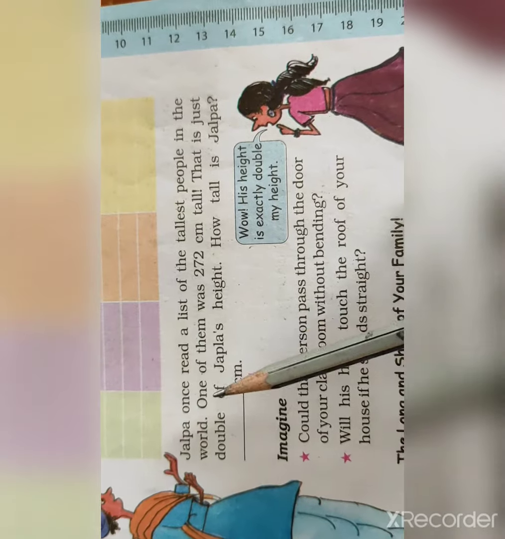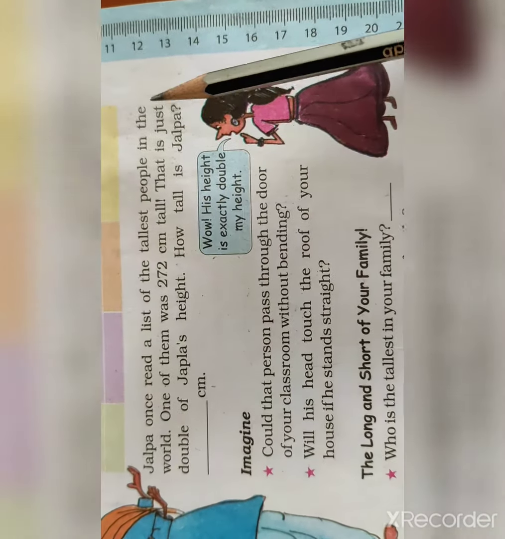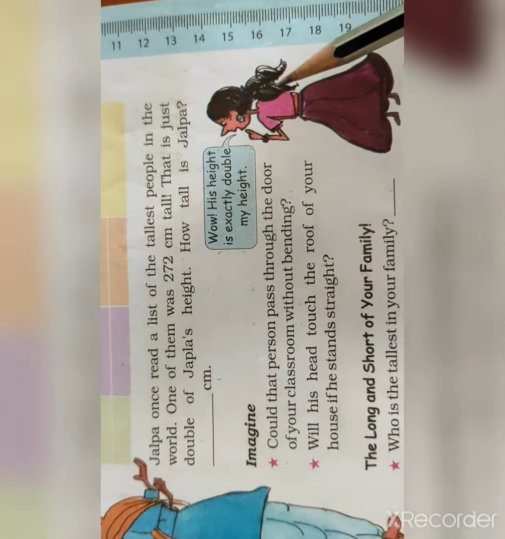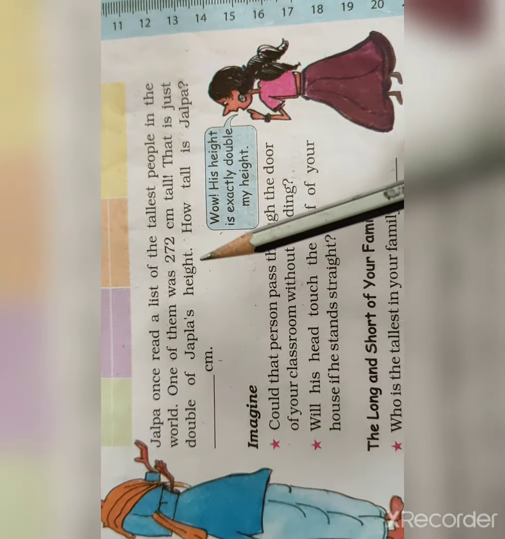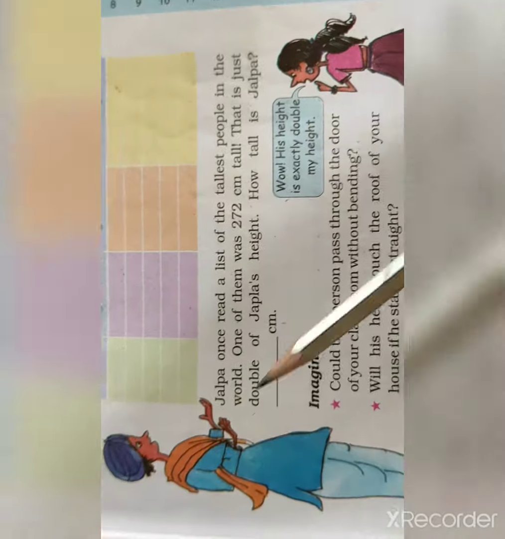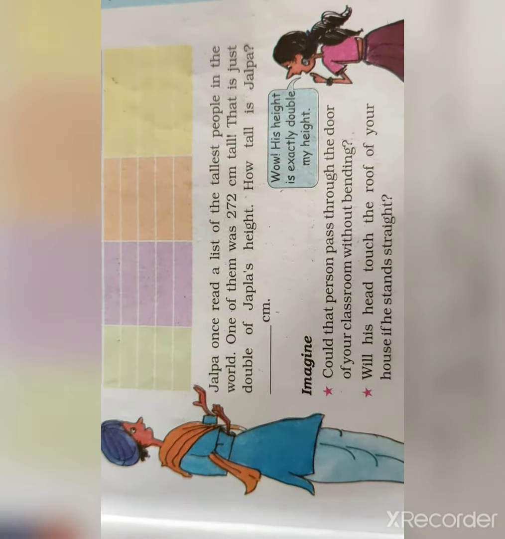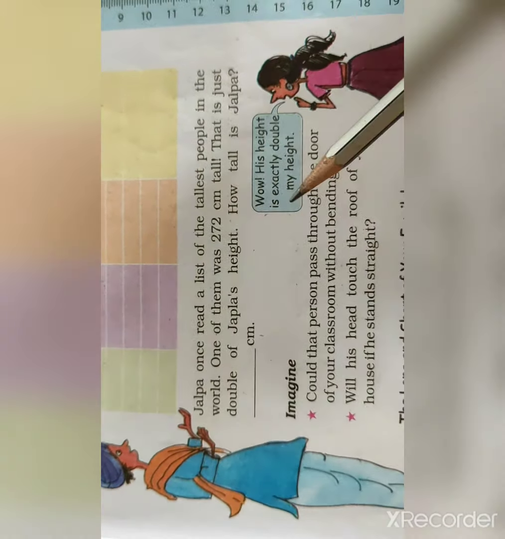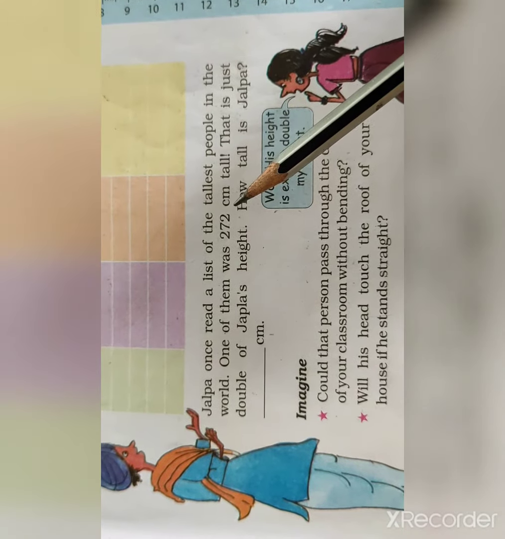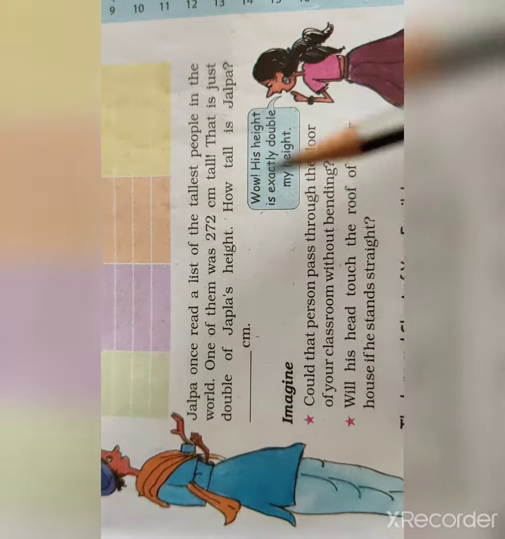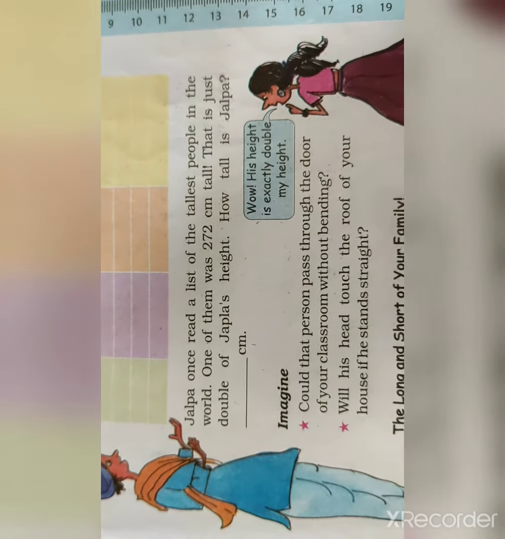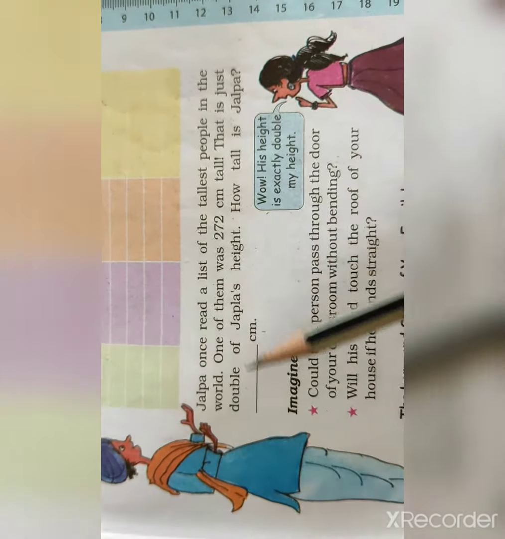Now see next, Jalpa once read a list of the tallest people in the world. She was reading the list of the tallest people, to see who is the tallest. One of them was 272 centimeters tall, as you can see. That is just double of Jalpa's height. If we measure Jalpa's height and multiply by 2, we will get the person's height.